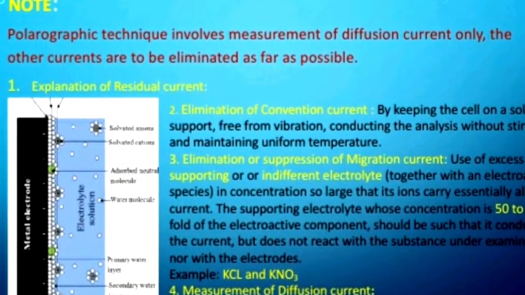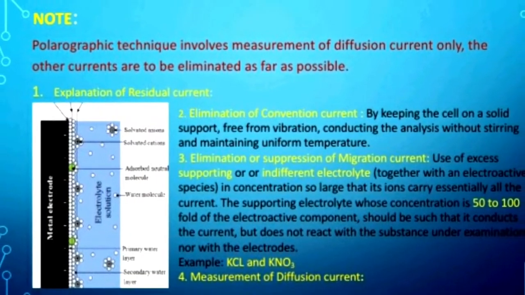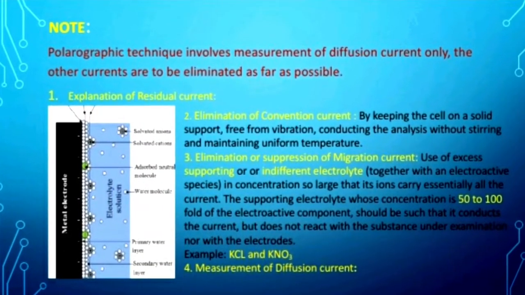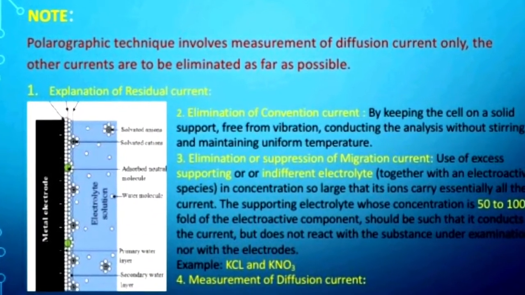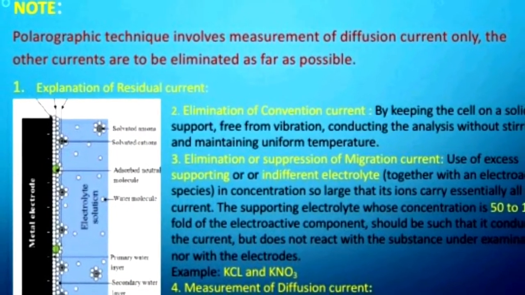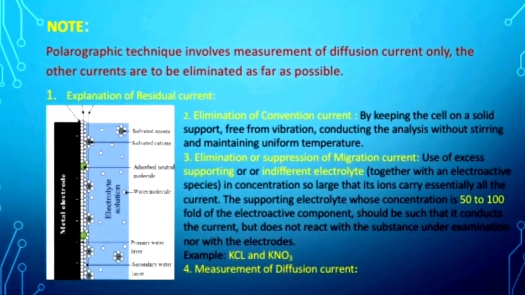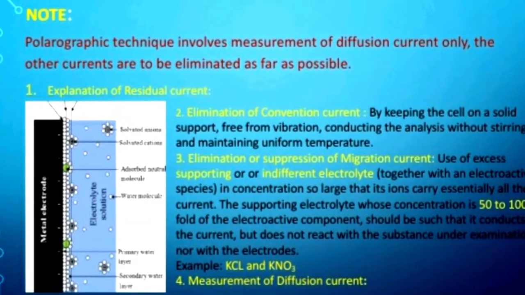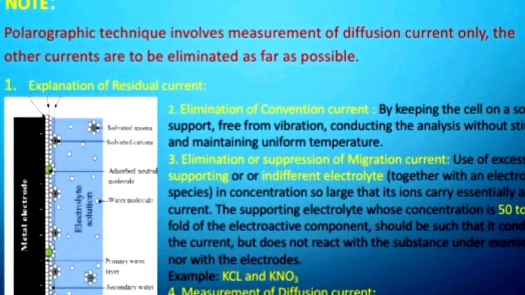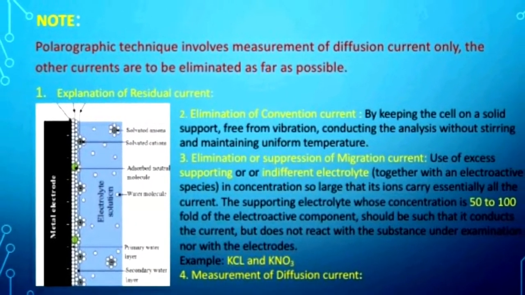So these heavy metals have a natural tendency to get reduced during the electrolytic process or the electrolysis. This reduction can also account for some amount of current flow, and that current flow is called Faraday current. Thus, as a result of condenser current as well as Faraday current, we get the residual current. Residual current cannot be eliminated.